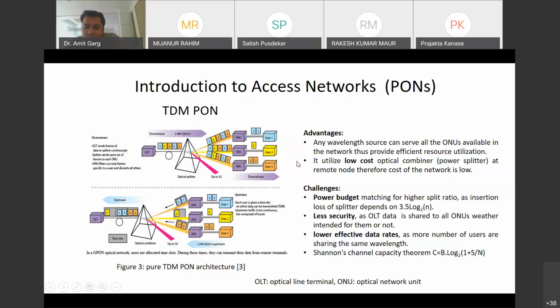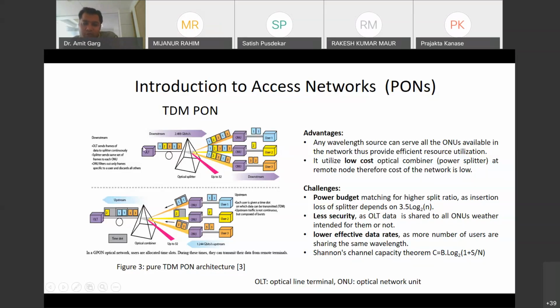This optical splitter is very economic, low cost. So it utilizes a low cost optical splitter combiner. So basically it is cost efficient, and any wavelength source can serve all the available users in the network. Okay, so we can transmit the data at one wavelength or two wavelengths.